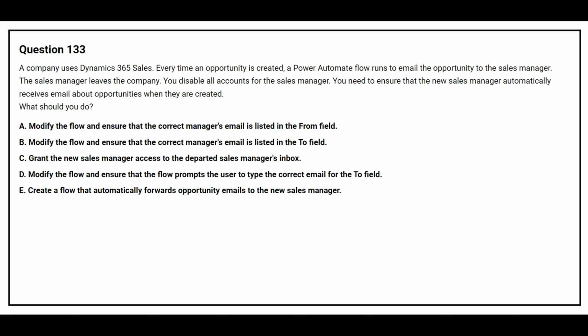Option D, modify the flow and ensure that the flow prompts the user to type the correct email for the To field. Option E, create a flow that automatically forward opportunity emails to the new sales manager. The correct answer is option B, modify the flow and ensure that the correct manager's email is listed in the To field.